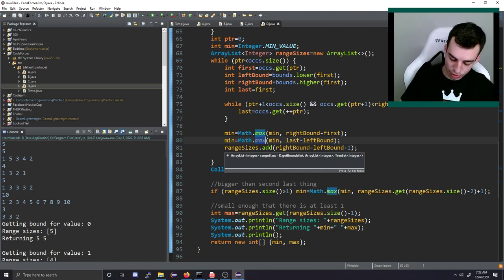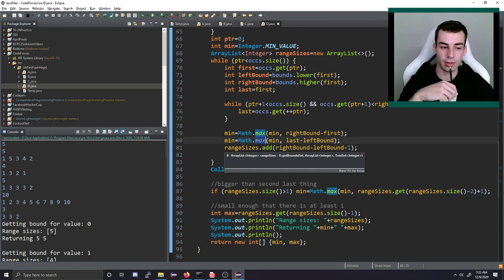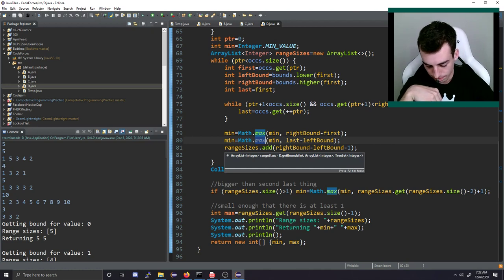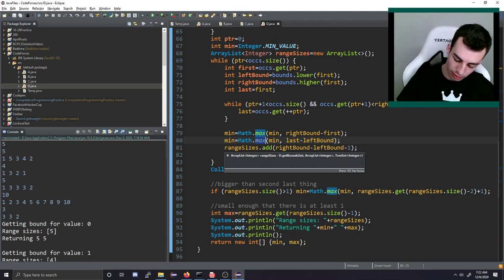It's got to be bigger than or equal to the second smallest range. Yeah, so it's got to be bigger than that. Otherwise, that's the only constraint. We can have two of us, but we never will. Otherwise, we're good.